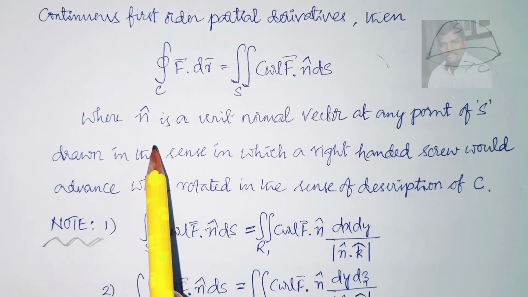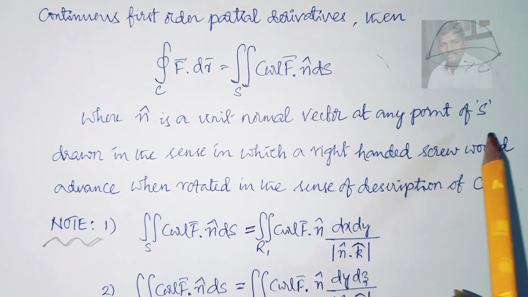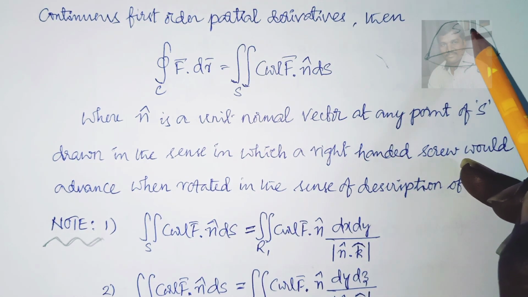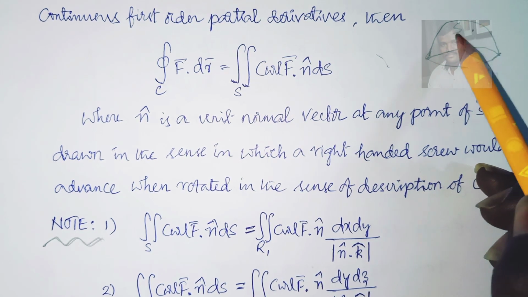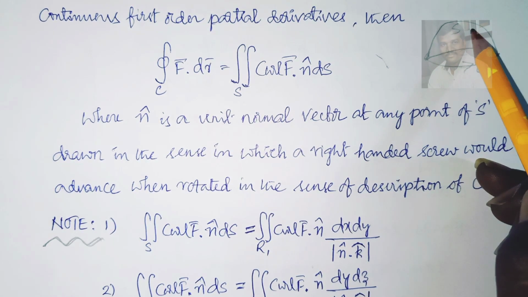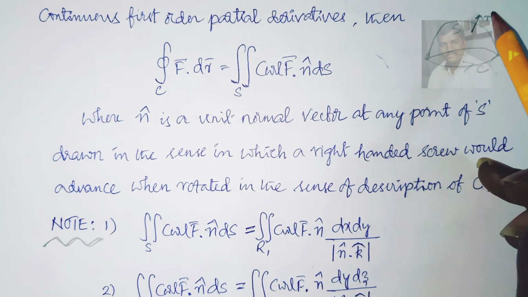Now where n cap is a unit normal vector at any point of S, we can take it in the upward direction as n cap.